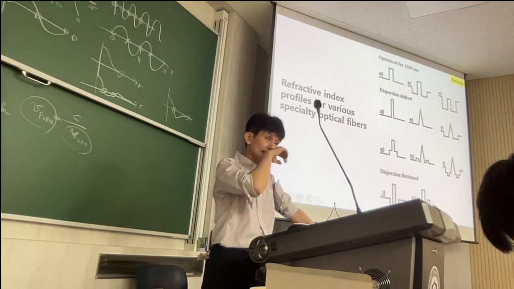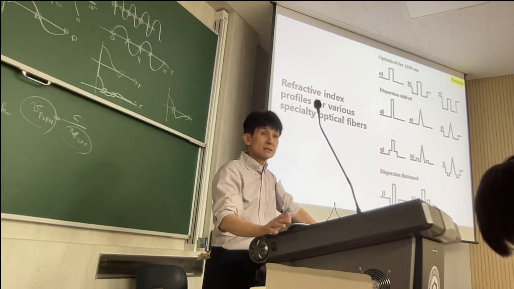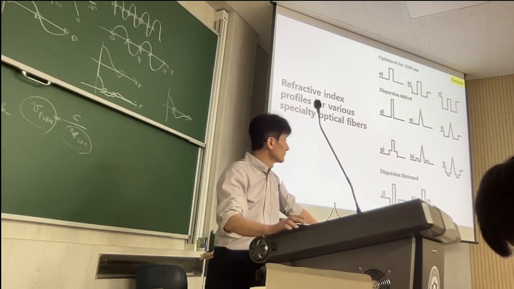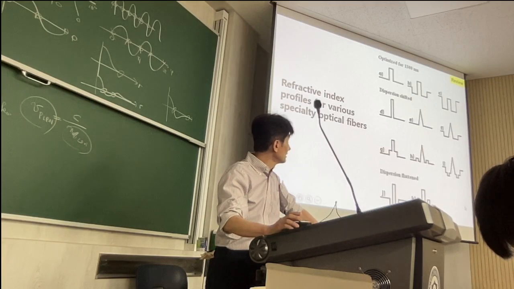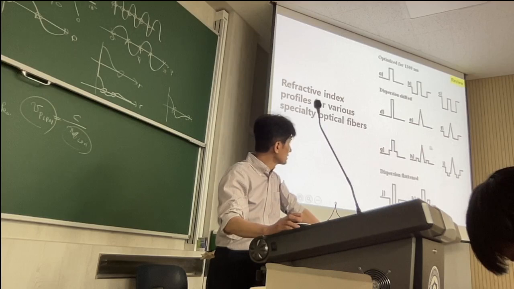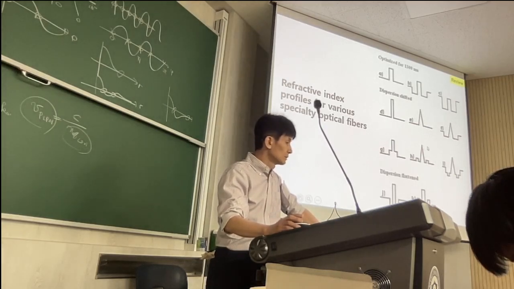Samsung Electronics at the time had optical fiber manufacturing facilities in Kumi area. And the mission was to design a dispersion shifted fiber, dispersion flattened fiber, and avoiding the previous patent.